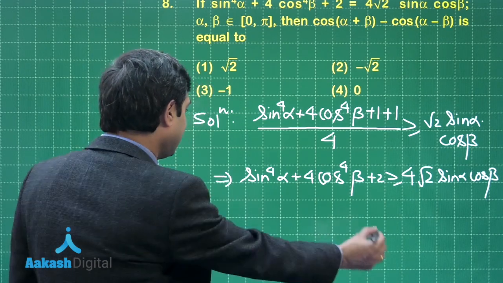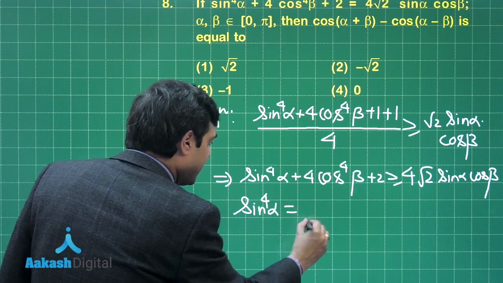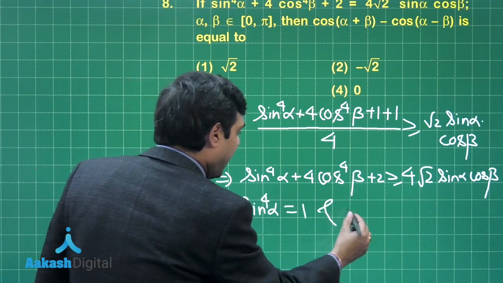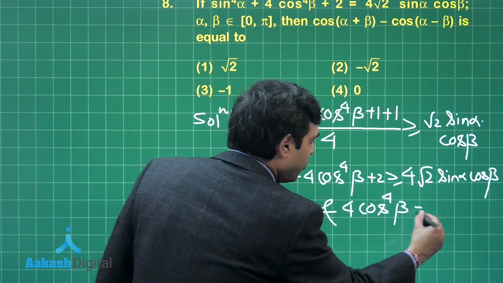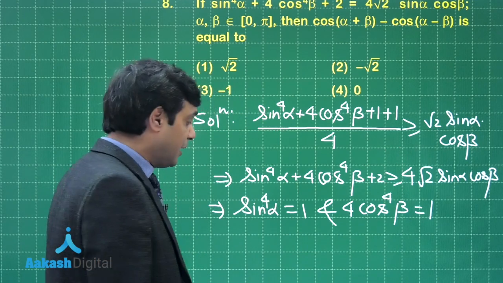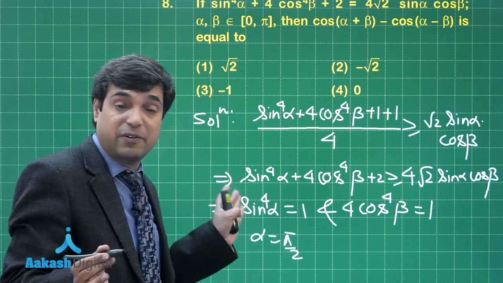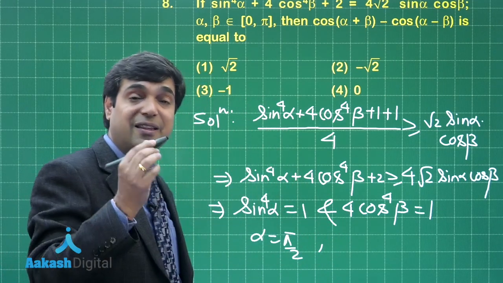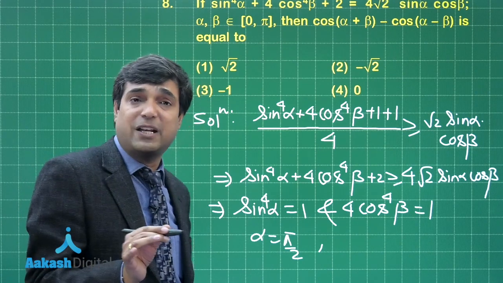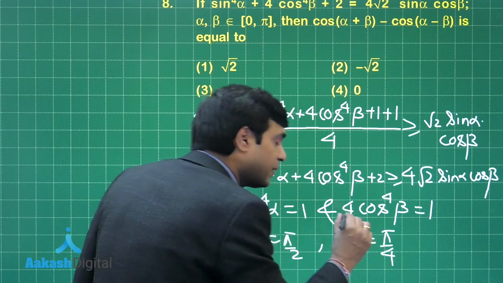That simply means that sinα raised to the power 4 is 1 and 4cos⁴β is also 1, giving you α = π/2 because it is between 0 to π. As I said that β is definitely in the interval 0 to π, but cosβ is positive, meaning β is coming as π/4.